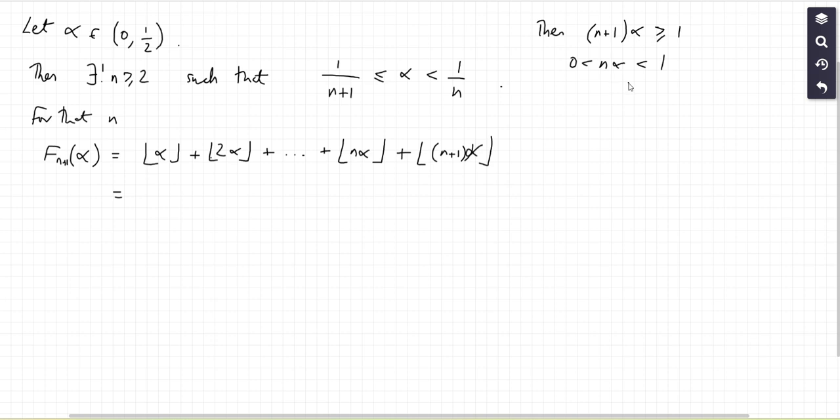Now, we want to show that if n plus 1 alpha were greater than or equal to 2, then n alpha plus alpha is greater than or equal to 2. Okay, let's ignore this for a bit. The point with this is that for basically every value up to n plus 1, these are all zeros, and then this one is at least 1. So that's just this.